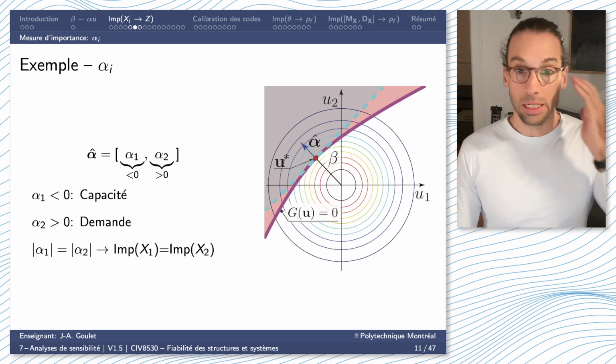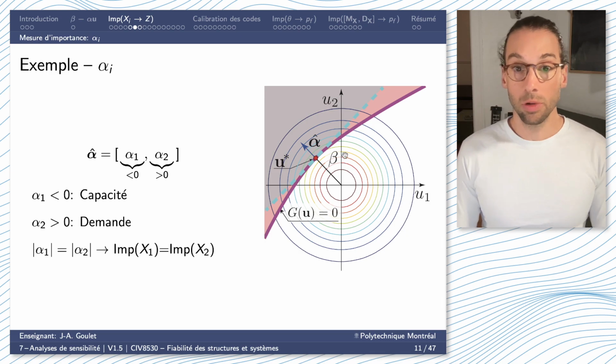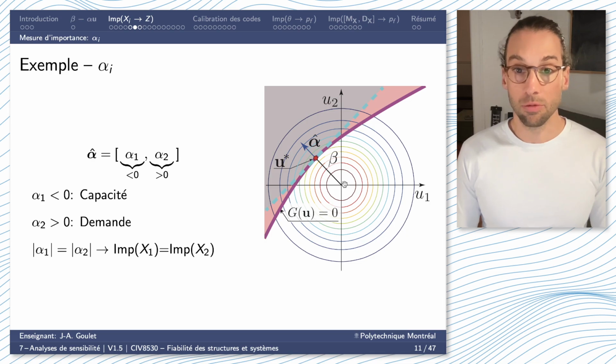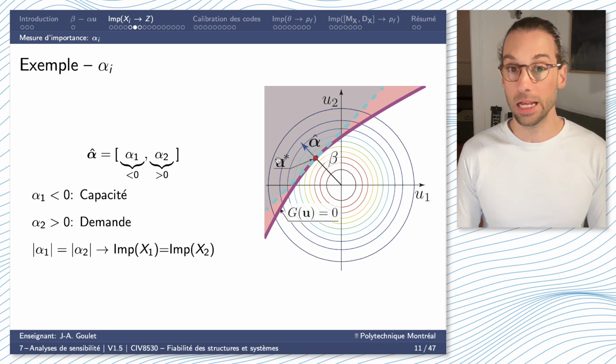So if we look at this in an applied example, we can see here we have our domain for u1, u2. If we look at the signs of alpha 1 and alpha 2, alpha 1 is going to be negative and alpha 2 is going to be positive, meaning that alpha 1 is related to capacity and alpha 2 to the solicitation.